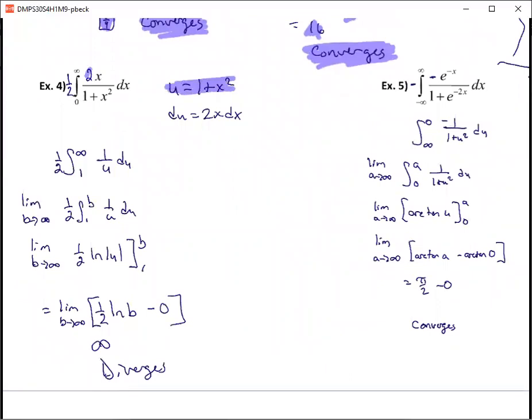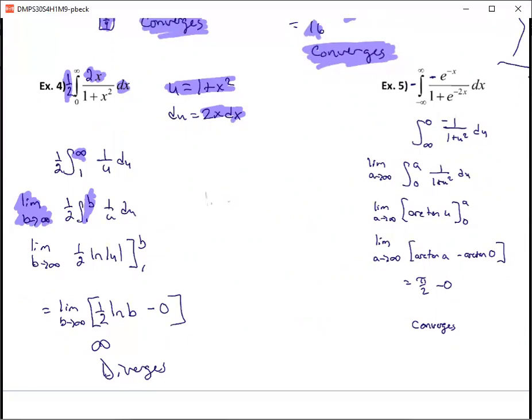Problem number 4. Once again, I did a u substitution on this problem. With the u substitution, don't forget that du is 2x dx. So 1/2 times that integral. Now this is an improper integral. I'm integrating from 1 to infinity. Once again, took the limit as b approaches infinity. And everybody, I understand this is kind of annoying to write over and over again when a lot of us would like to say the natural log of infinity, et cetera.